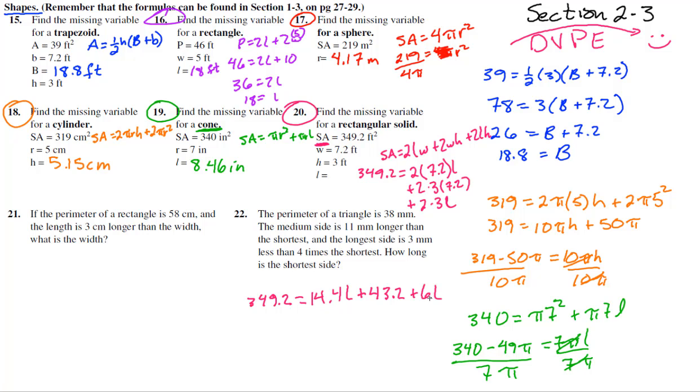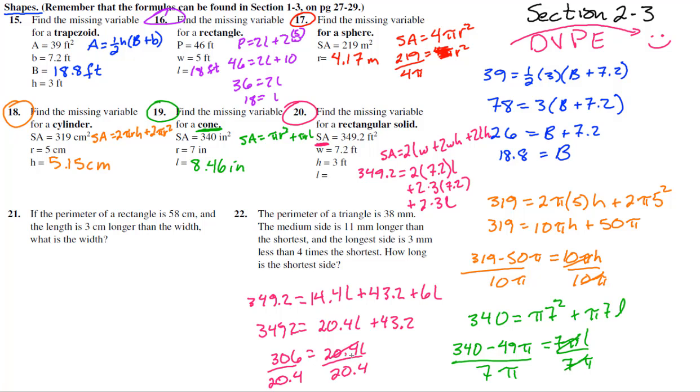All right, so we don't have fractions, we don't have parentheses, we can add these two L's together, so we get 20.4L plus 43.2 equals 349.2. Subtract 43.2 over there, and we get 20.4L equals 349.2 minus 43.2, which is going to be 306. Is that right? 306.